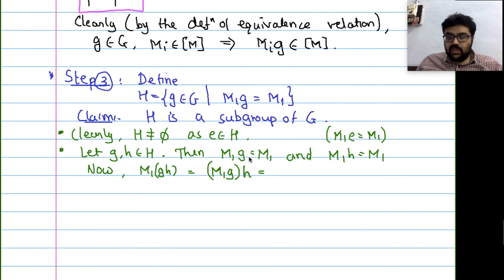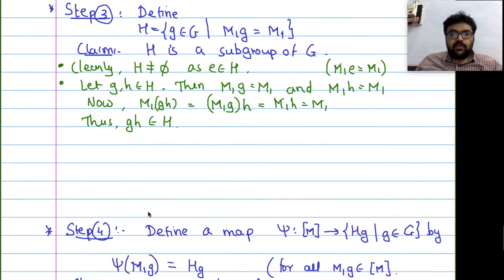But M1G equals M1, so this is M1H, and again M1H equals M1. So M1GH equals M1. That means GH also belongs to H. So H is closed under the product.